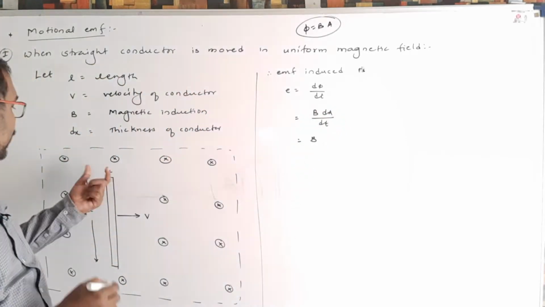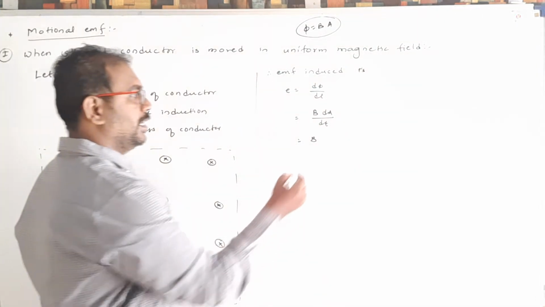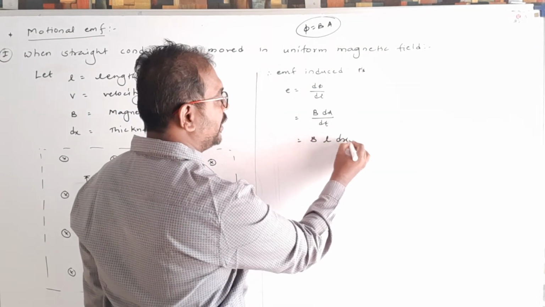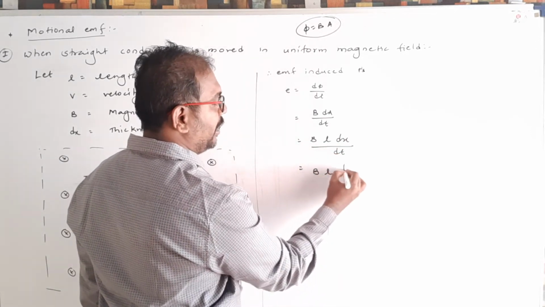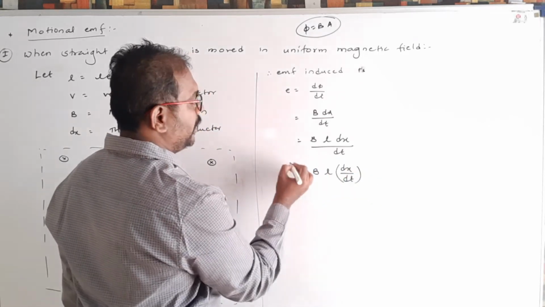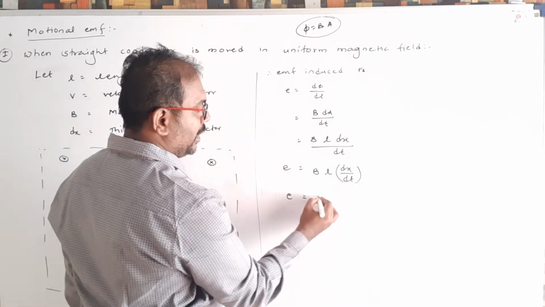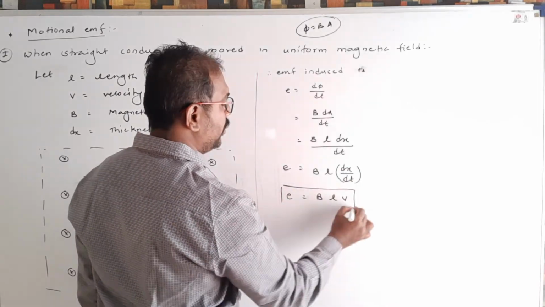The area of the conductor is length multiplied by thickness, so I can write L multiplied by dx divided by dt, or BL dx by dt. This is the induced EMF, and dx by dt is the velocity.